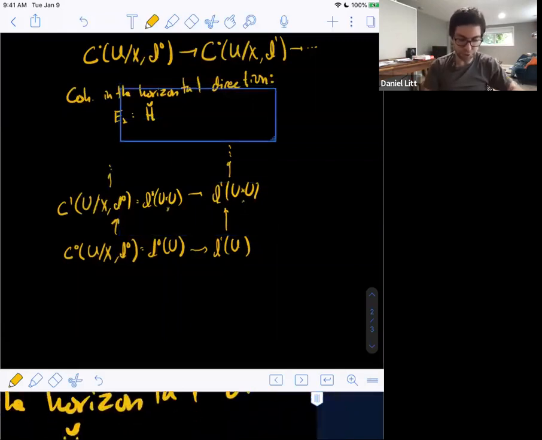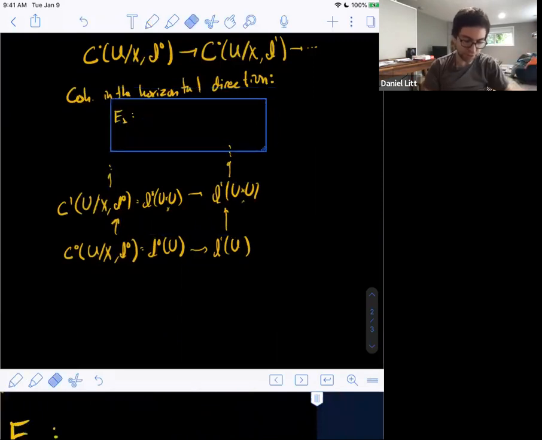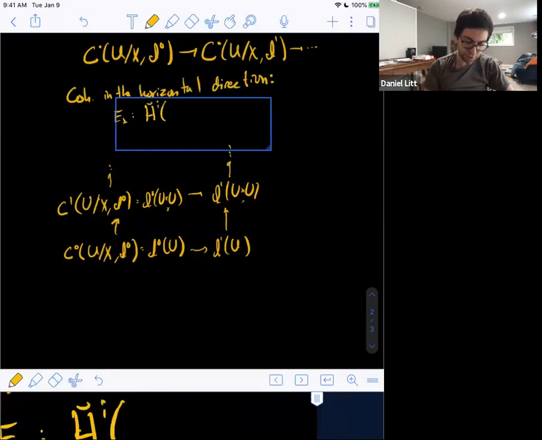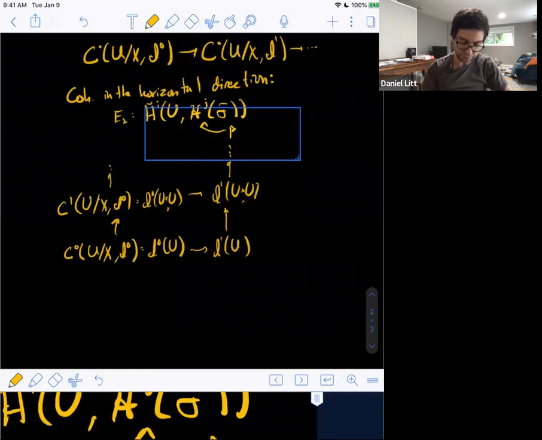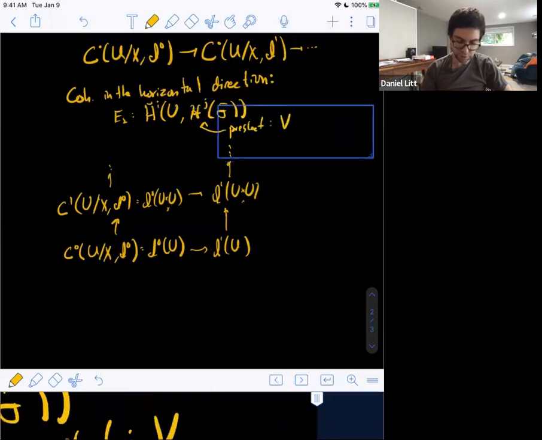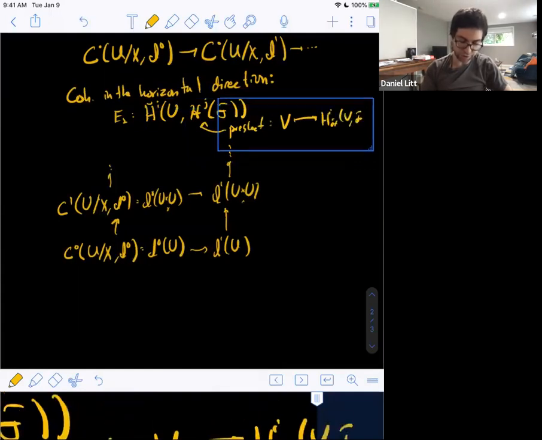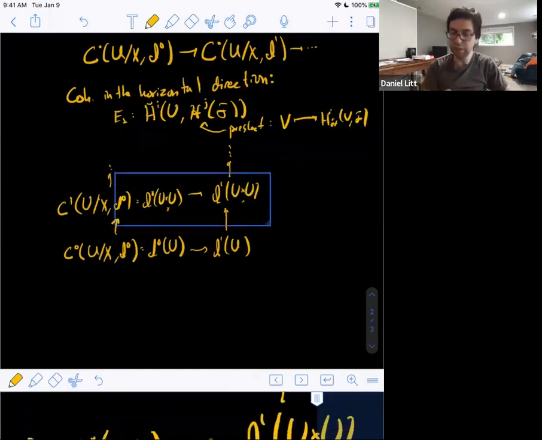So in other words, the vertical complexes after doing that will compute the Čech cohomology on U of the following presheaf, H^j of our sheaf F. Here, this is the presheaf which associates to V just the étale cohomology, the derived functor cohomology of F on V. Okay, so I did this a little quickly, and I'm intentionally doing that because this is the same story that happens for topological spaces.